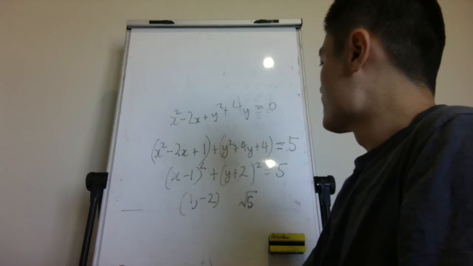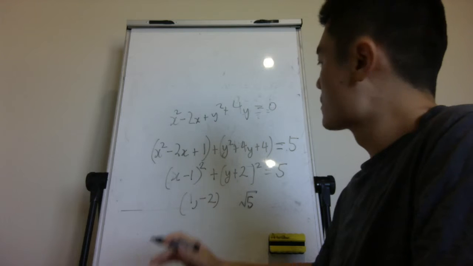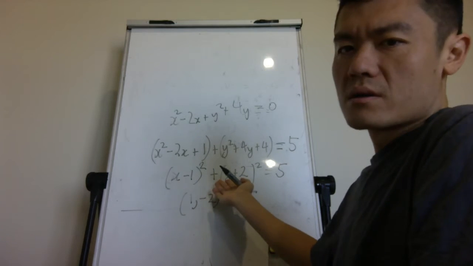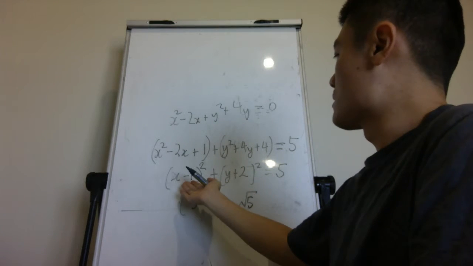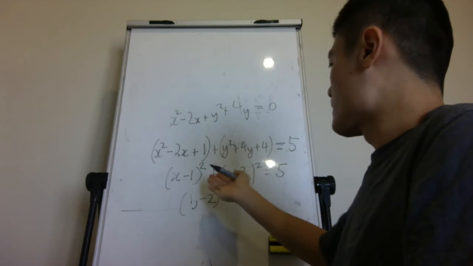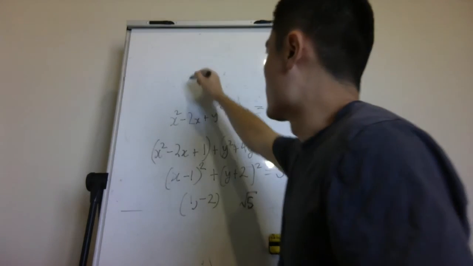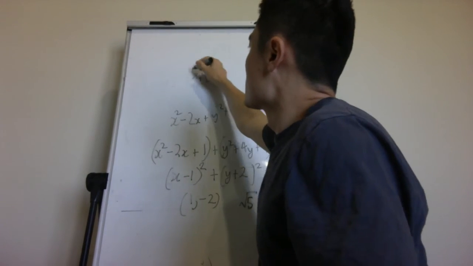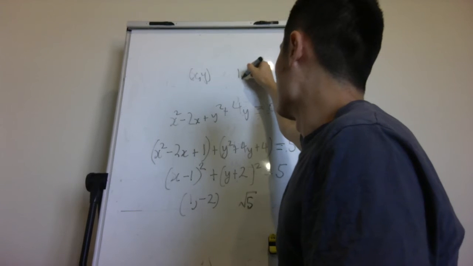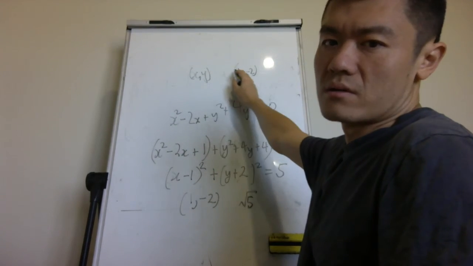Okay. Another way of thinking about this, and this is how the original distance formula comes about, is that this is the distance squared. If you have a point (x, y) and a point (1, -2) and you apply the distance formula, what do you get?